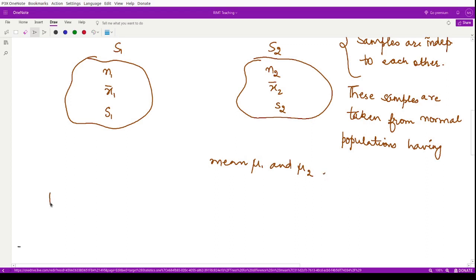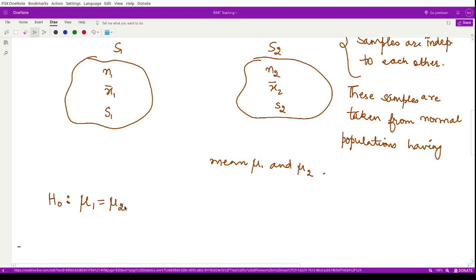So in this case, your null hypothesis H0 would be testing whether the two samples are taken from the same populations or not. That means we will check whether mu1 is equal to mu2 or not. So this is the null hypothesis in this particular case.